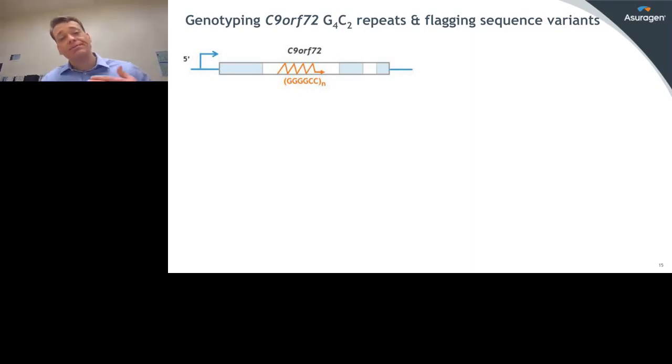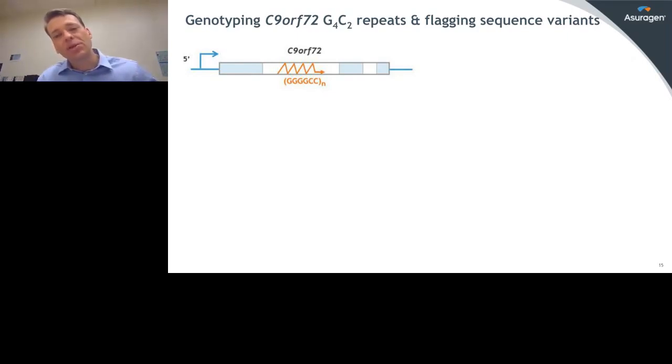So that's a high degree of challenge working through FMR1. But there's even a stiffer challenge, and that's with a different pathogenic expansion, which is a G4C2 expansion in intron 1 of C9orf72. So C9orf72 was identified by a couple of groups in 2011.